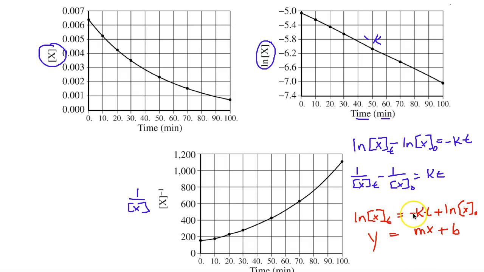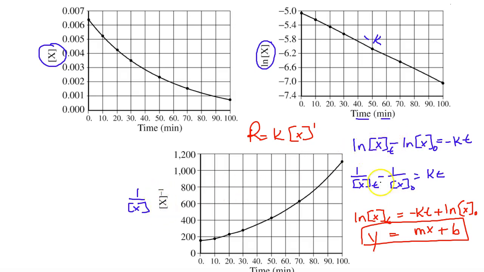And notice there's a negative sign here. And of course, we got this from integrating the rate law for the first order. And so this is screaming rate law. So r is equal to k times x to the 1, because we get a straight line. This is a linear equation. If you get a straight line from plotting using the integrated rate law formula, in this case, this worked out the best.